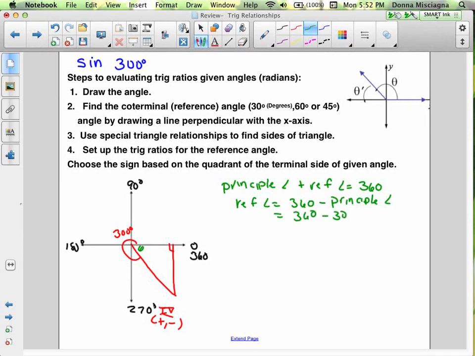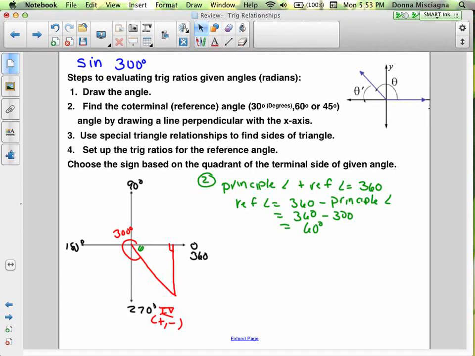It's 300 degrees, which means that the reference angle is 60 degrees. And you don't have to do quite that much work. These were notes, that's why I put in a little bit more. If you have reference angle equals 360 minus 300 equals 60 degrees, I'm fine with that. So that is our second step, finding that reference angle.